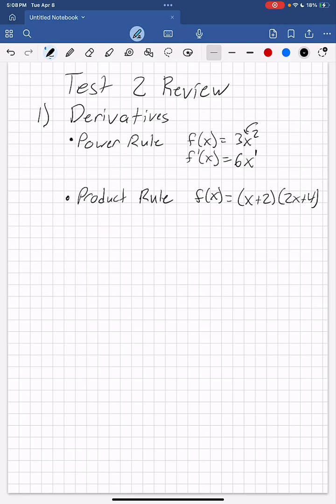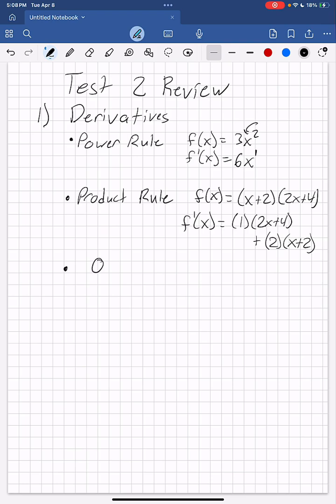The product rule tells us that we do the derivative of the first, so the derivative of x plus 2 is 1, times the second, plus the derivative of the second times the first. So we have the derivative of 2x plus 4 is 2, times x plus 2. And for this test, I'm not going to ask you to simplify anything, so don't worry about the simplification part.